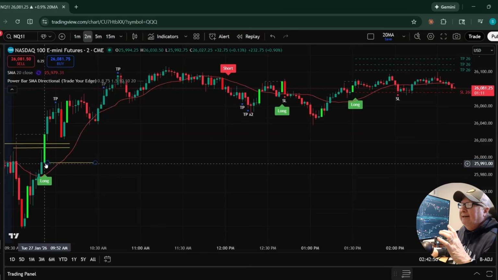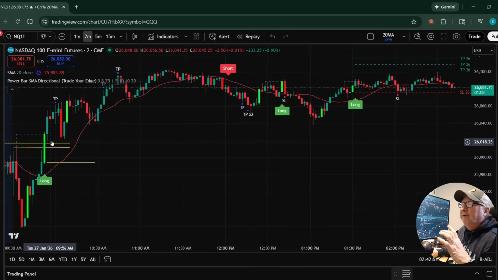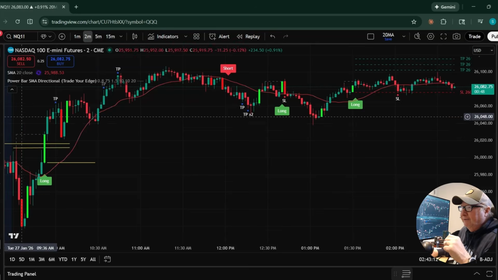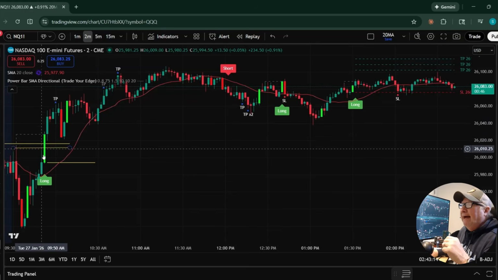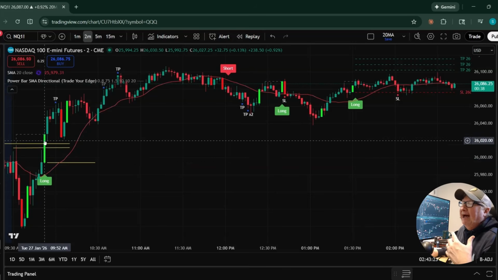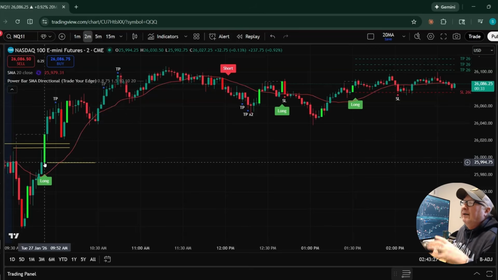So you're getting the beginning of a nice move often. And I found that the power bar setup works around 60 to 70% of the time. And that's without confirmation, again, because the power bar itself is confirmation. The problem that people bring to me is now my stop is the size of the power bar.